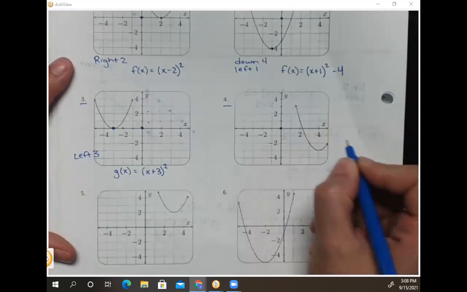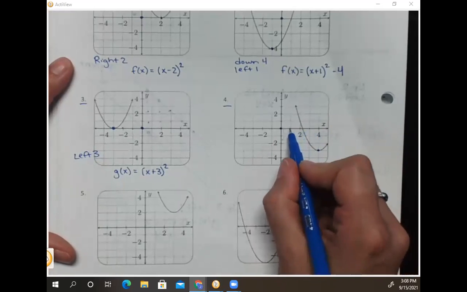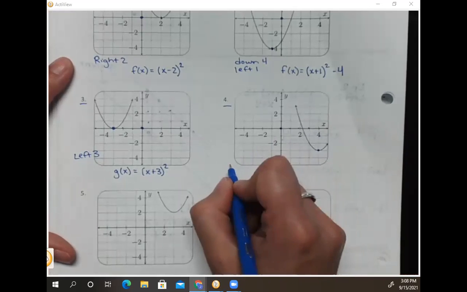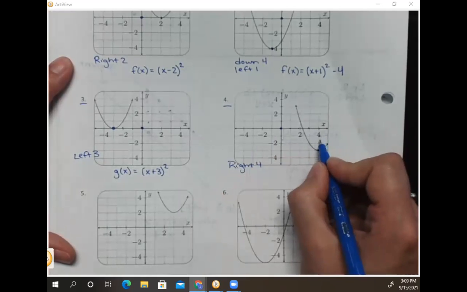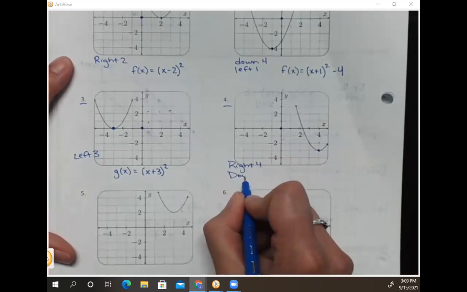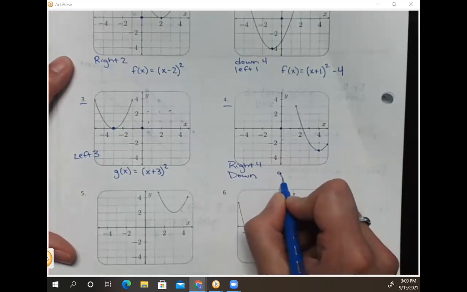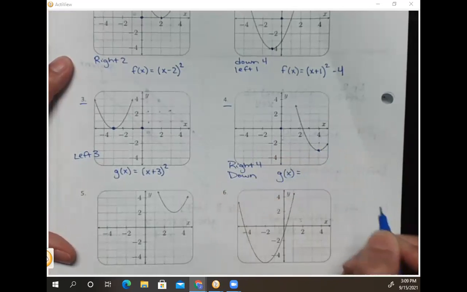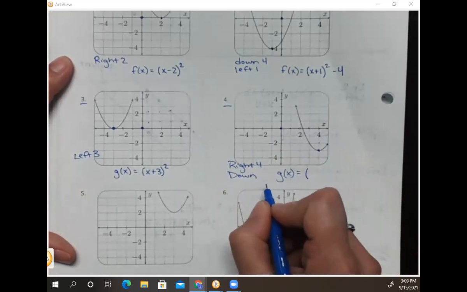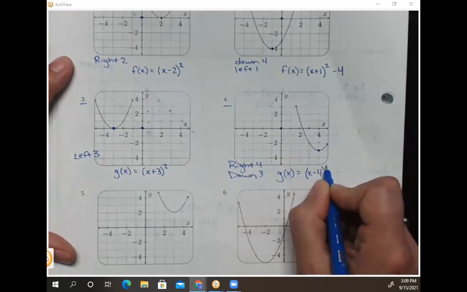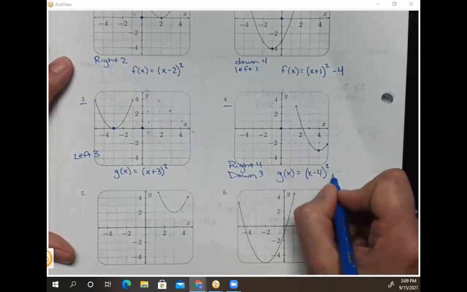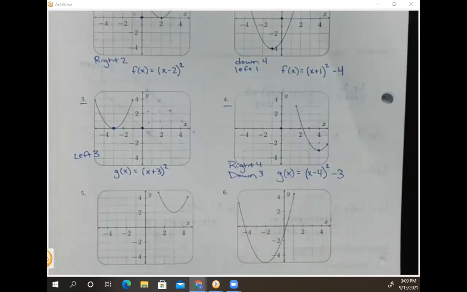For number 4, we would move 1, 2, 3, 4 spots right, and then 1, 2, 3 spots down. So we would get g of x equals, in parentheses, x minus 4 with the square outside, and then minus 3 at the end.